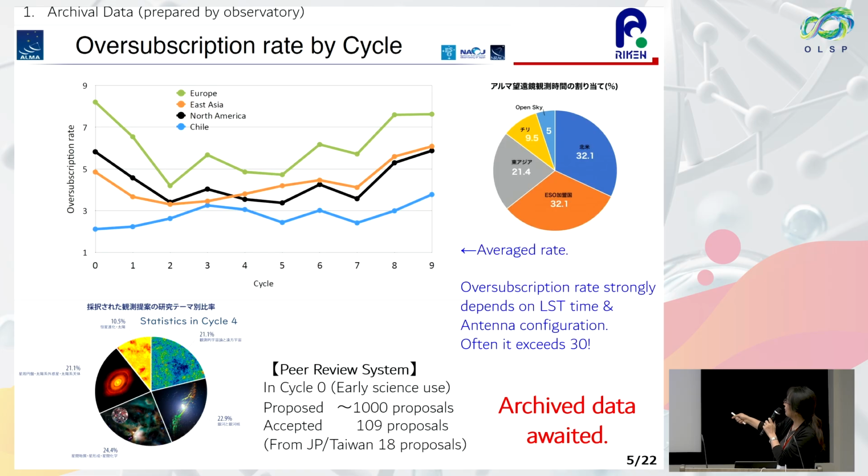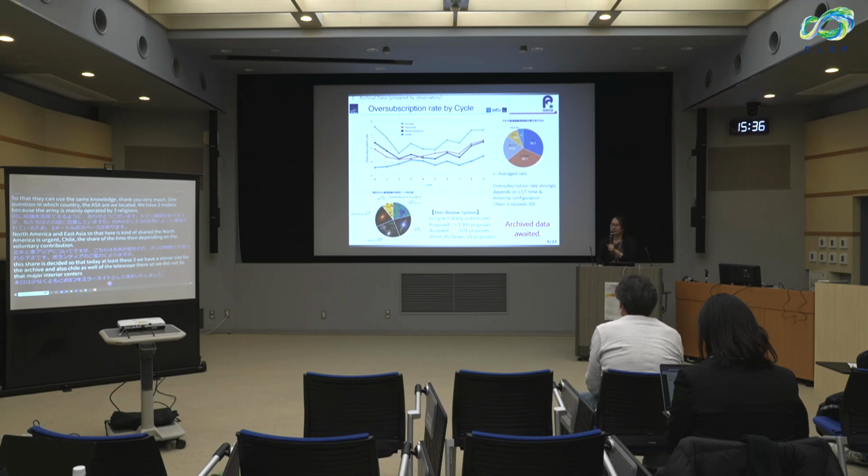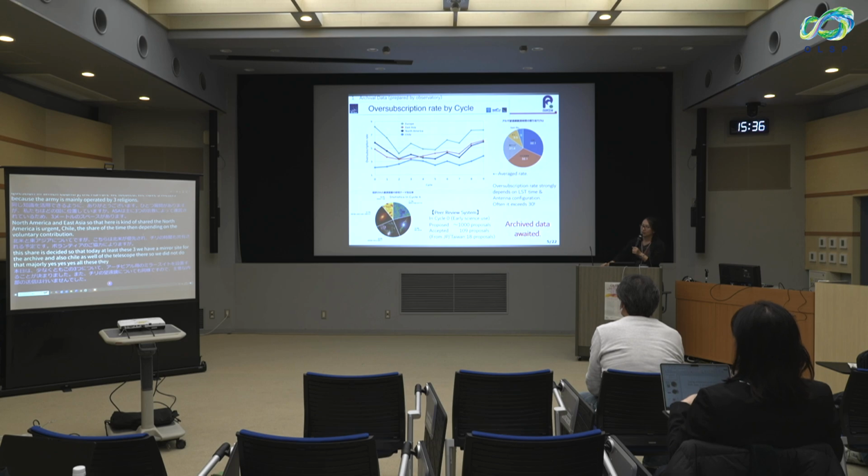So at least for these 3 we have mirror sites for the archive, and also Chile as well, of course, where the telescope is. So original data measured in Chile are sent to the mirror sites. Yes, yes. I see, I see. Thank you.